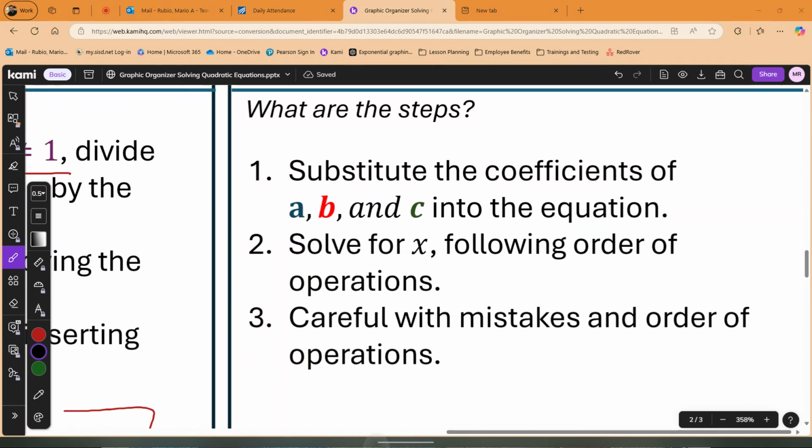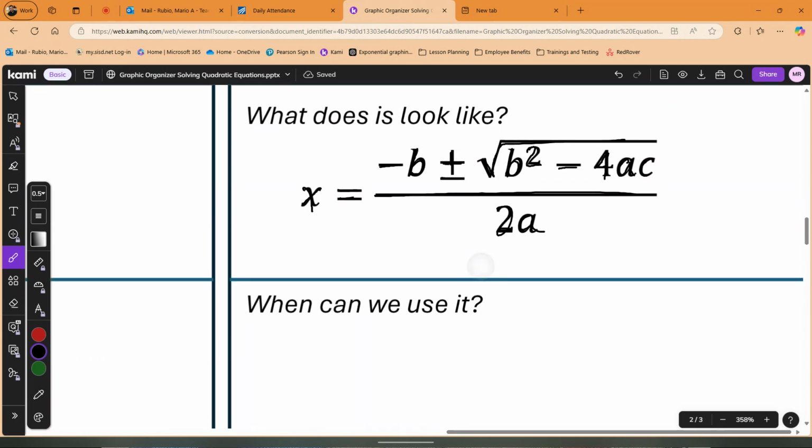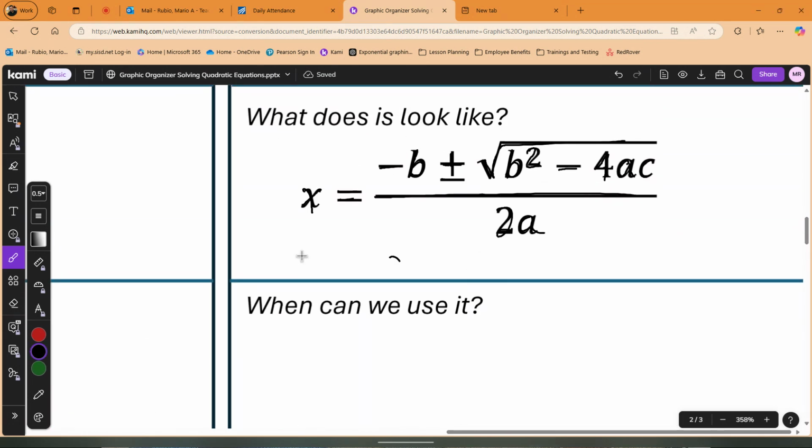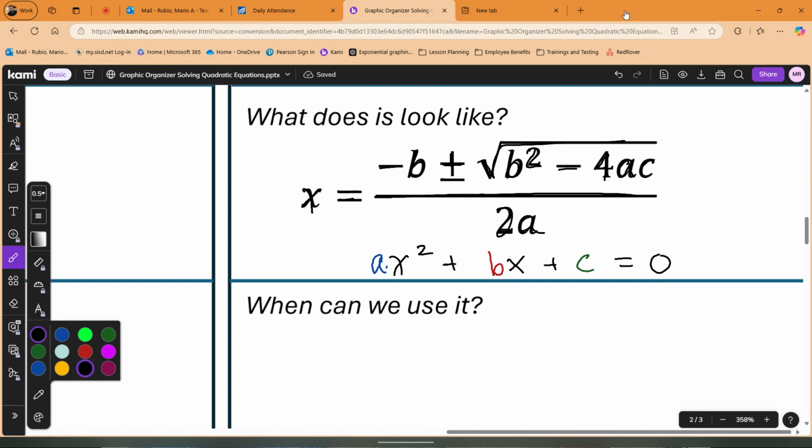What are the steps? Well, the first one is you're going to substitute the coefficients of a, b, and c. So let me go back up here and show you that. We need to add this in: ax squared plus bx plus c equals 0. Whatever the coefficient in front of x squared, whatever the coefficient in front of x, and whatever the c value is, these are the letters that we substitute into the equation.